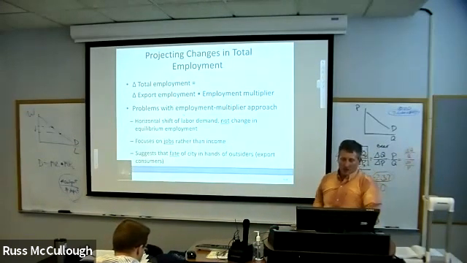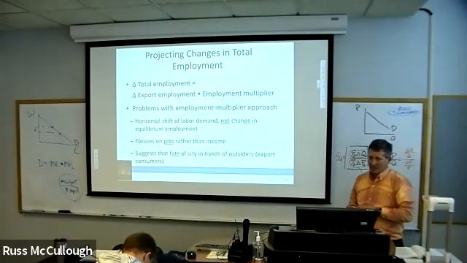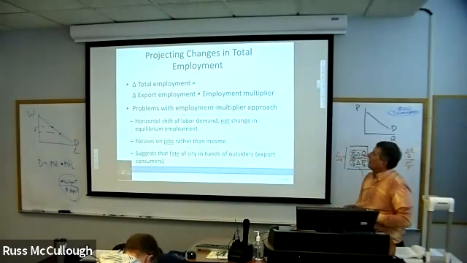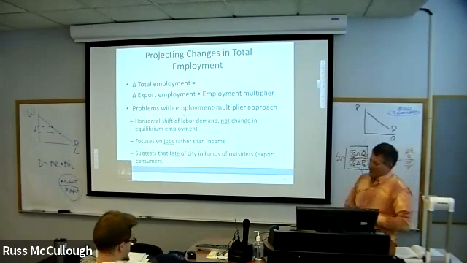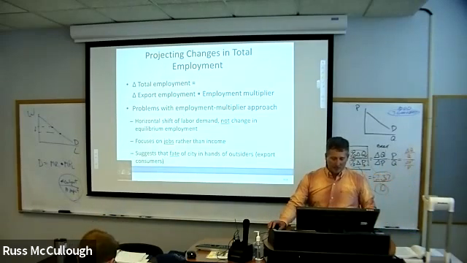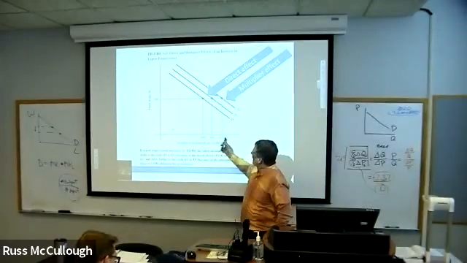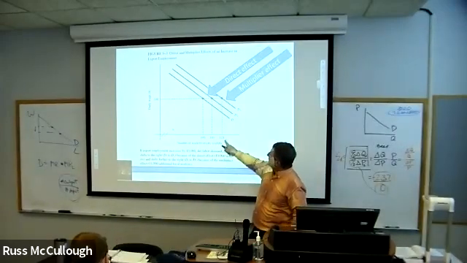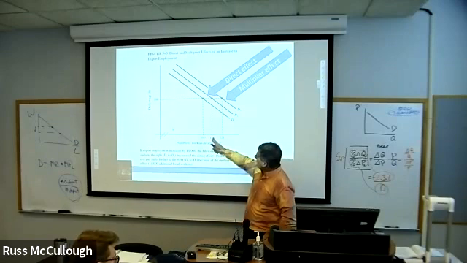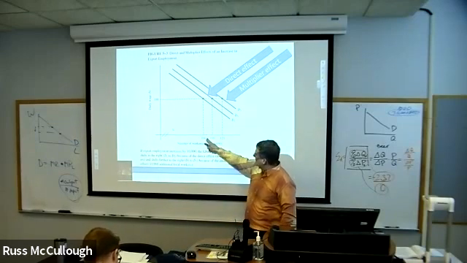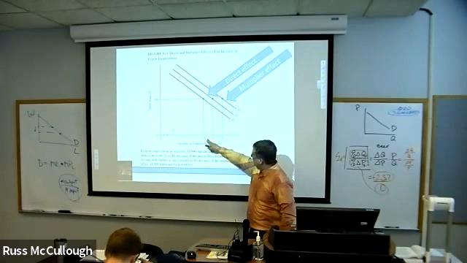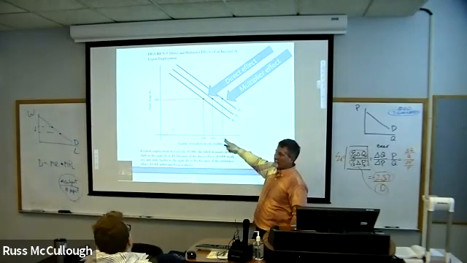All right, so projecting total changes. The multiplier business, let me go back to that picture. We were playing on that 2.13. A change of 10 jobs, normalized from 100 to 10, led to a little bit more than that, to 121.